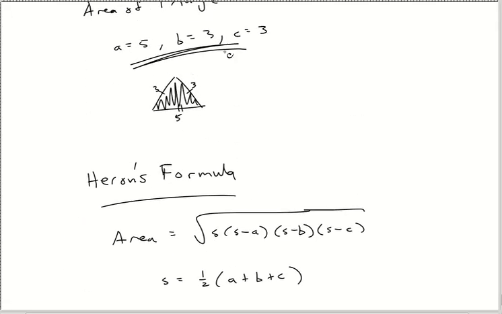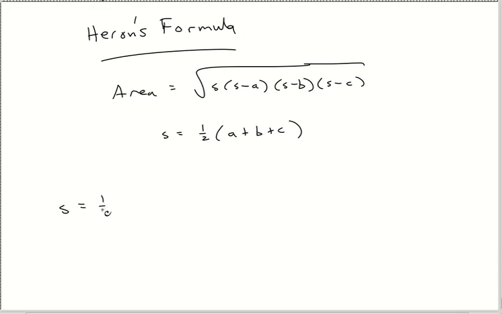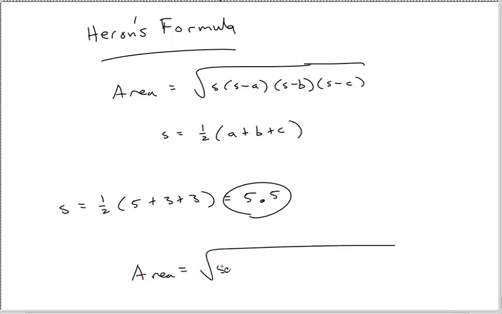So let's start with my s. If you notice, I got the 5, 3, 3. So 1/2 of 5 plus 3 plus 3. If you do the math, it's 5.5. So this is my s that I'm going to be using there, there, there, and there. So my area now is equal to the square root of 5.5 times 5.5 minus 5, 5.5 minus the 3, and then 5.5 minus the 3 again.